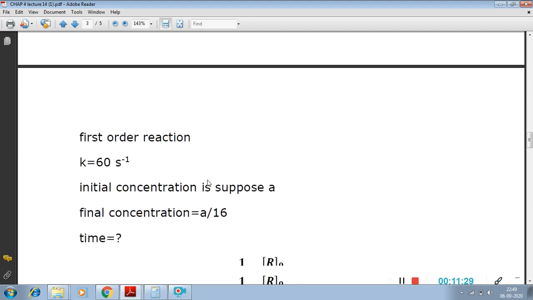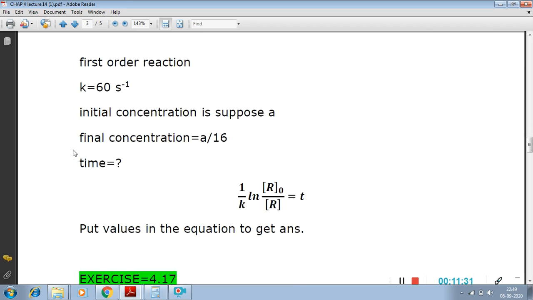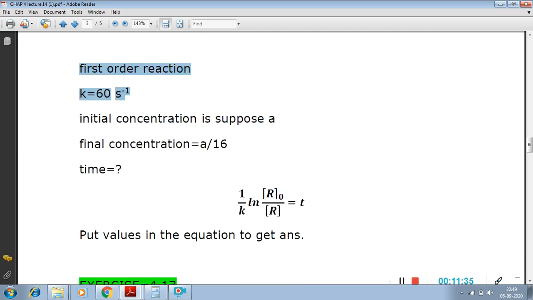Now suppose the initial concentration is a, small a. The final concentration is 1/16th of a, meaning a by 16, and time we want to find out.